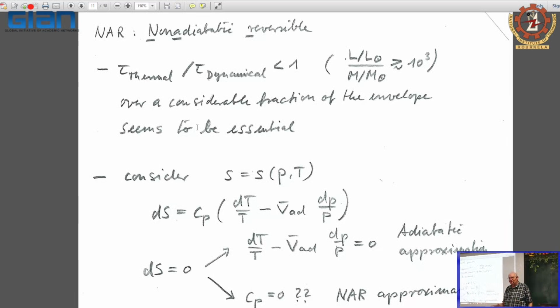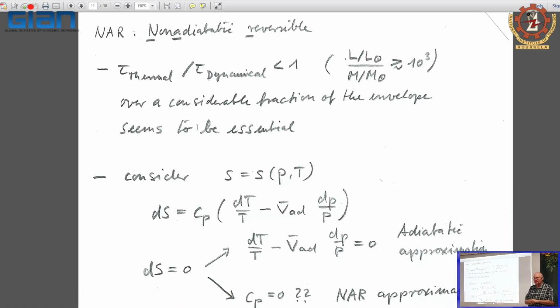Then, as we have done often in this lecture series, we write down the differential of the entropy in terms of the relative differential of the temperature and the differential of the pressure. So ds is given by the specific heat at constant pressure times dT over T, minus nabla adiabatic times dP over P.